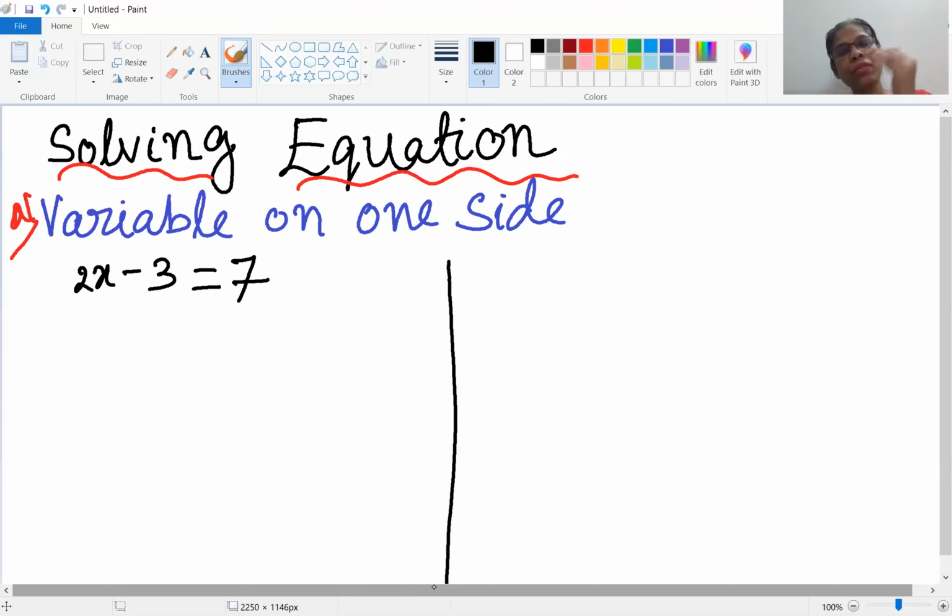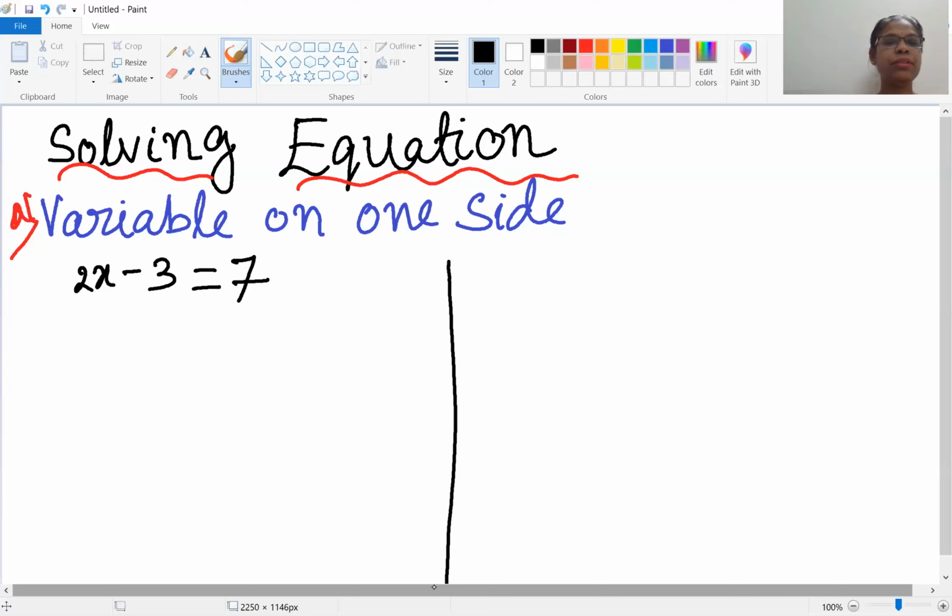So what is the first method? I have to find out the value of x by nullifying all the values surrounding it.